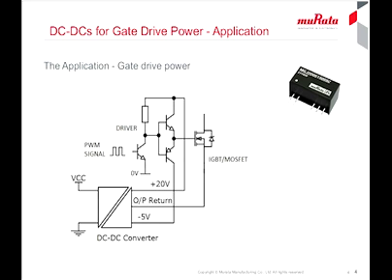Let's consider the application. Semiconductor switches such as IGBTs and MOSFETs of all types are used extensively to switch power to a load. The load could be a motor, a welding machine, an AC grid connection, a battery. There are many possibilities.